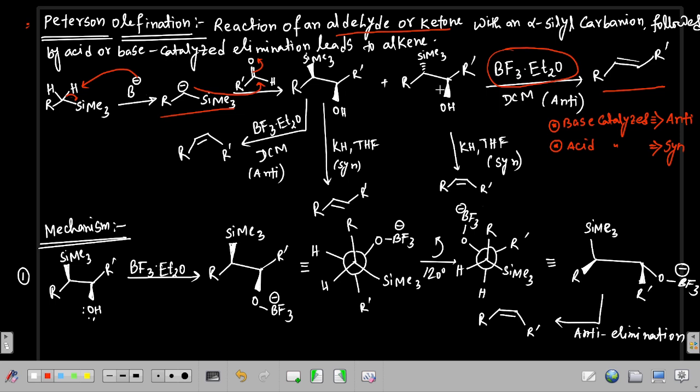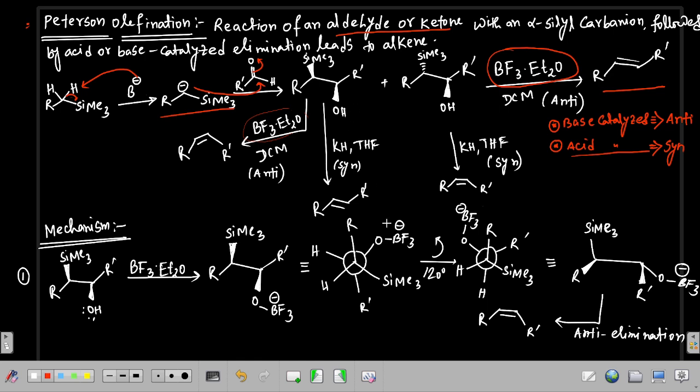Now if we are using acid catalysis, that is BF3 Et2O, in case of acid catalyzed reaction, it undergoes anti-elimination, that is both the hydroxyl and this SiMe3 should be anti, then only will the elimination happen.